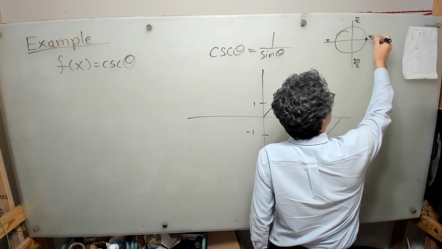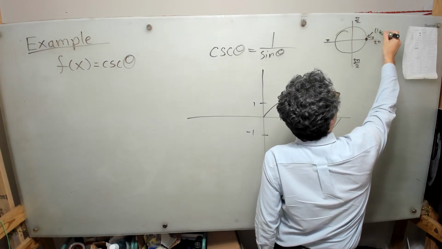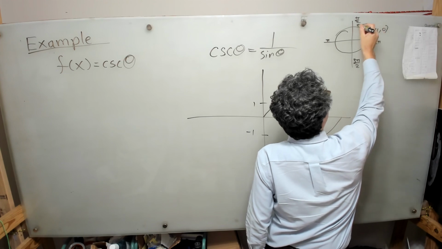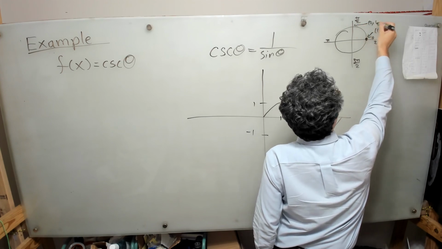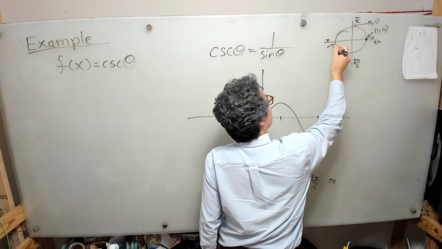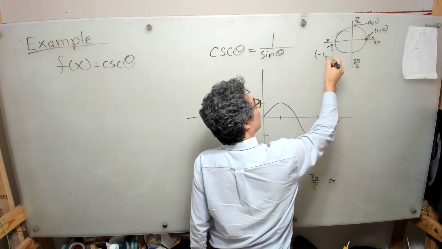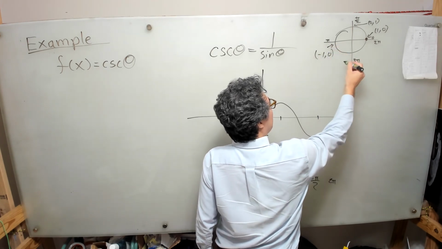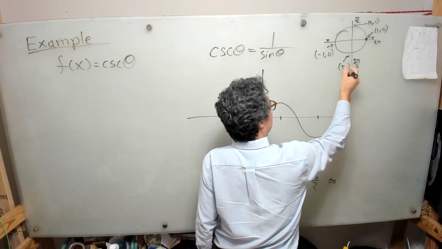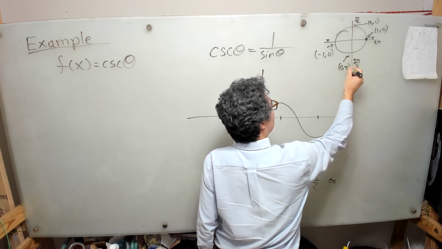So here, this point will be 1, 0. This point up here will be 0, 1. This point here will be negative 1, 0. And finally, this point here will be 0, negative 1.